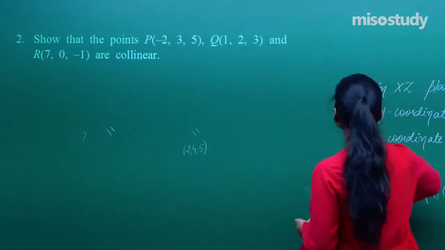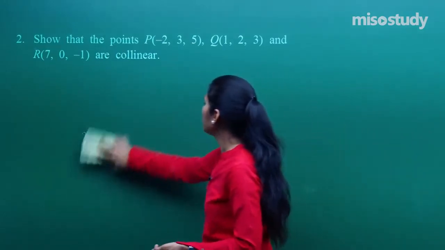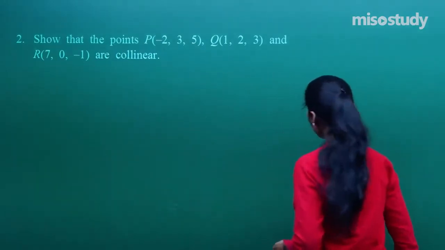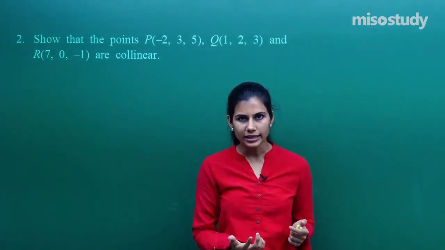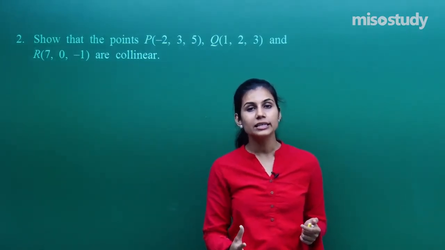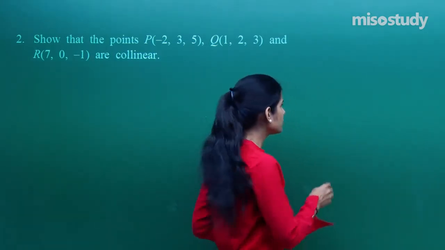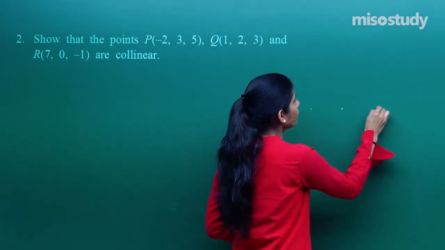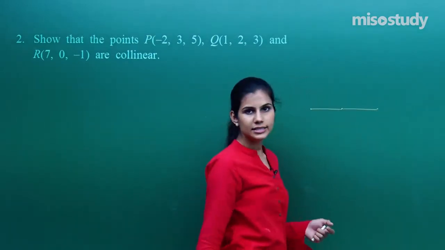Moving to the next question, we have to show that these 3 points are collinear. Now, what is the meaning of 3 points being collinear? 3 points lying on the same line. You all know that if I have 3 points as vertices of a triangle, then the sum of 2 sides is greater than the third side.